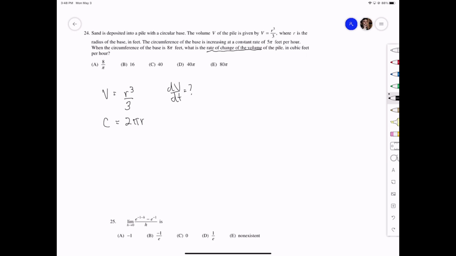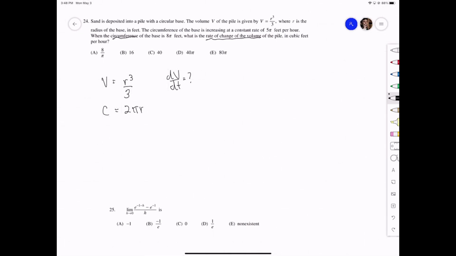We want to relate circumference to volume, so we could substitute in for r. We could say that r equals C over 2 pi. So V equals (C over 2 pi) cubed over 3, which is C cubed over 8 pi cubed times 3.